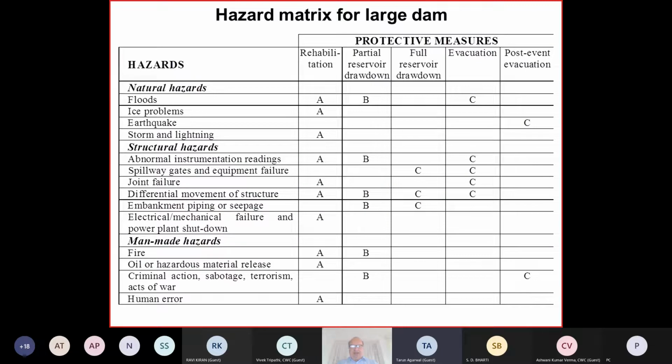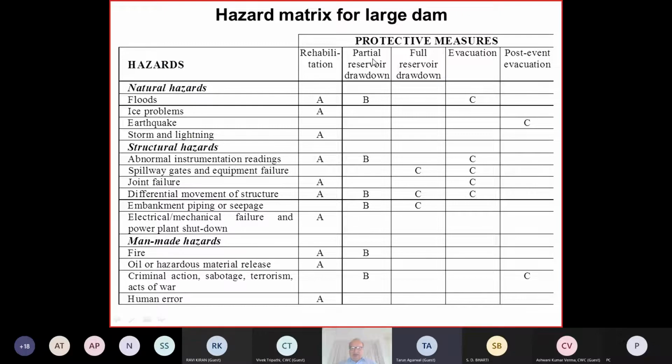I have shown this hazard matrix already in the morning, and I would just like to repeat it here once more. We have the hazards on one side, and the protective measures, which go from rehabilitation to partial reservoir drawdown.